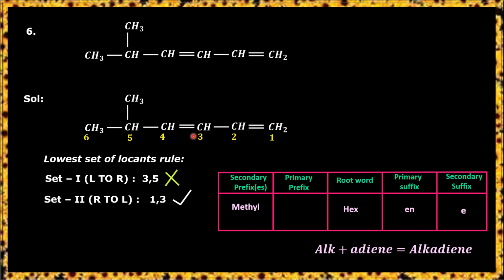Because here 2 double bonds are there. So alka, that is hexa. Okay. So 5-methyl hexa-1,3-diene. So this is the IUPAC name of this organic compound: 5-methyl hexa-1,3-diene.